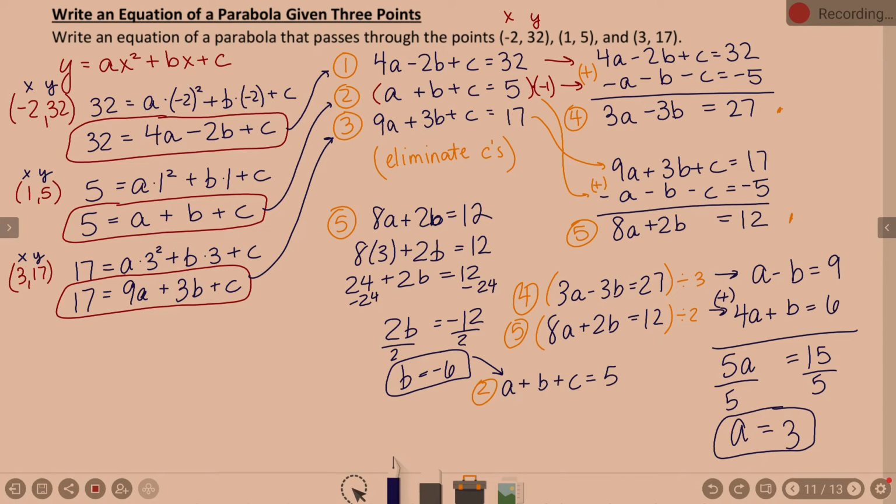Yes. So 3 plus negative 6 plus c equals 5. 3 plus negative 6 is negative 3 plus c is 5. If we have negative 3, we're going to add 3, and c is 8.